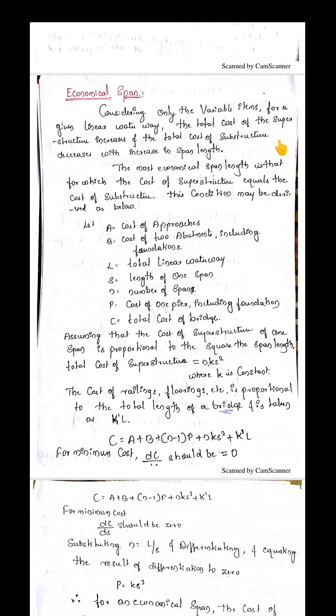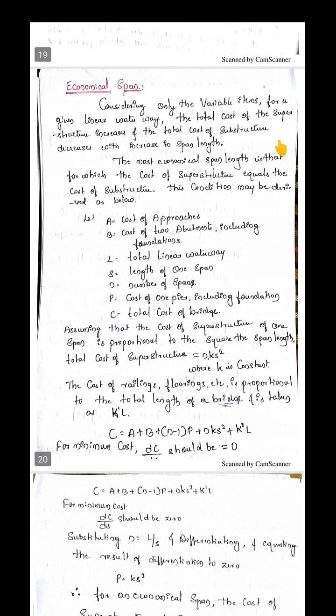To derive that, we should first know the total cost of the bridge. The total cost of the bridge is the cost of the approaches, that is our A. Cost of the abutments, there are 2 abutments, so that is the cost of abutments with the foundation, which we name B. Capital L is the total linear waterway, that means the total length of the bridge.